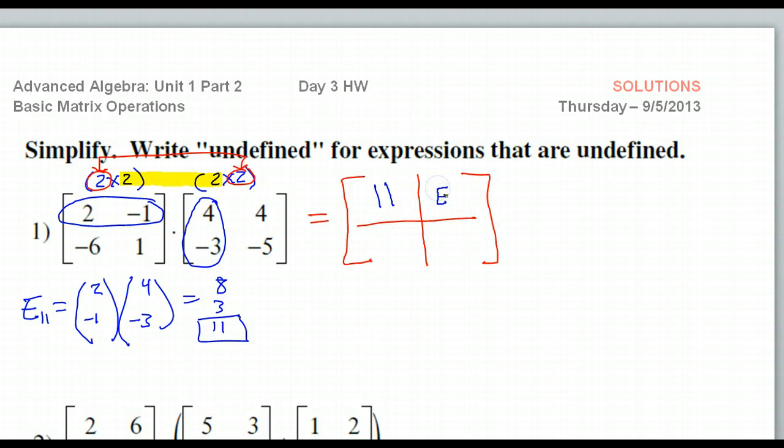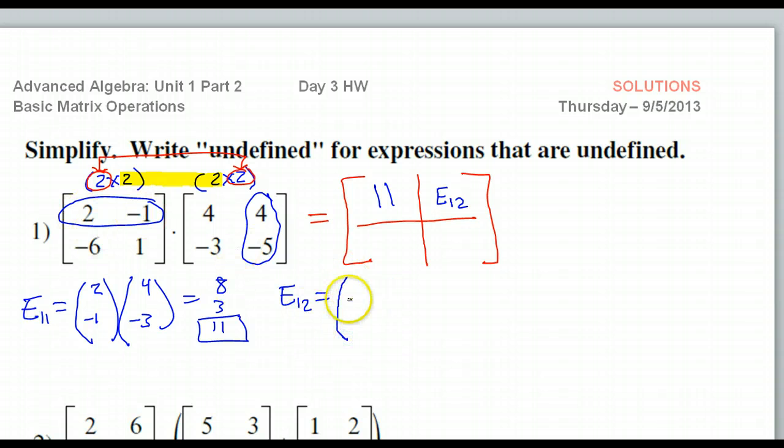I'm going to come over to this element next. I could call this element 1, 2, because this is row 1, column 2. So if I want to find element 1, 2, I need to multiply row 1 times column 2. I still have row 1 selected, but this time I need to look at column 2, like this.